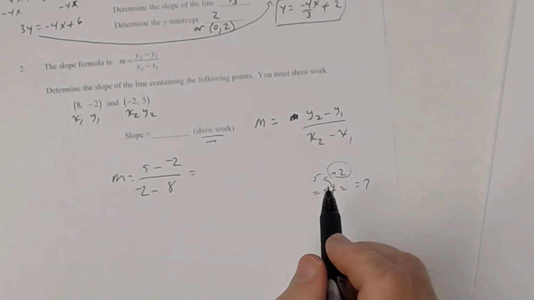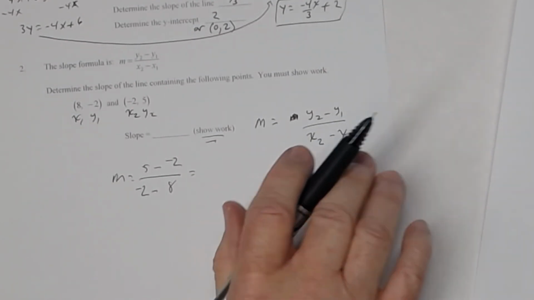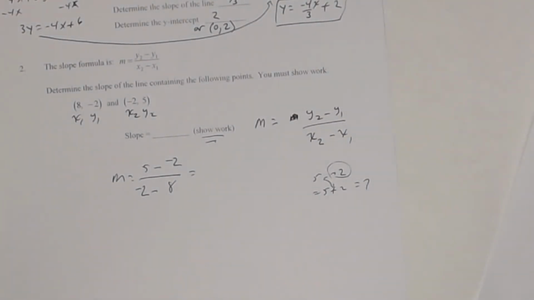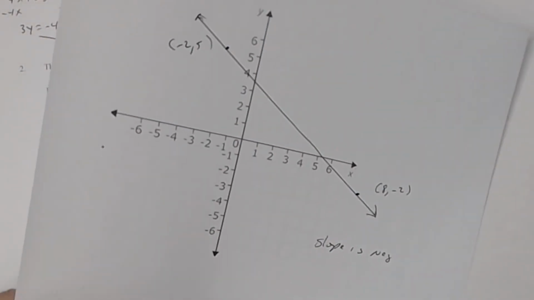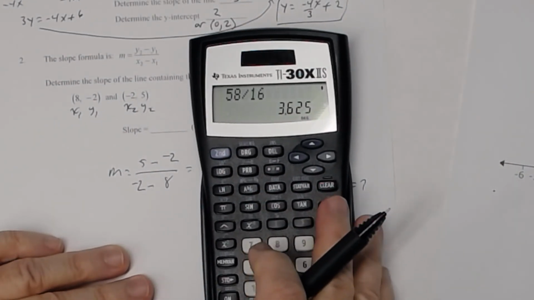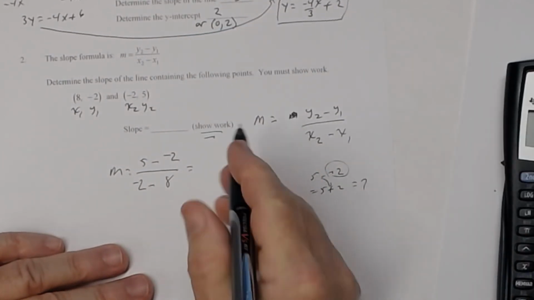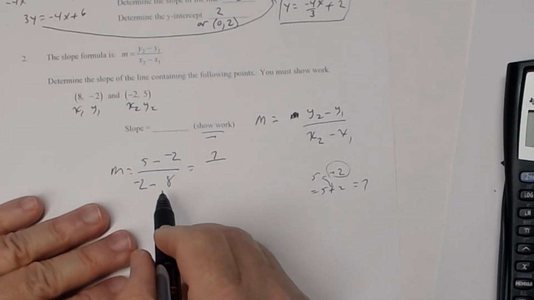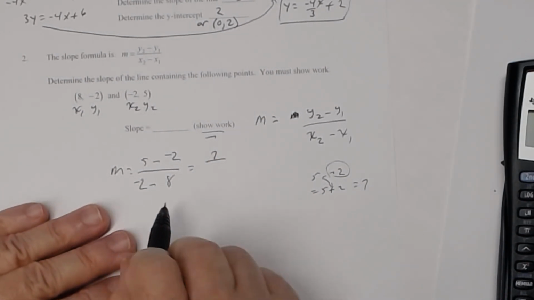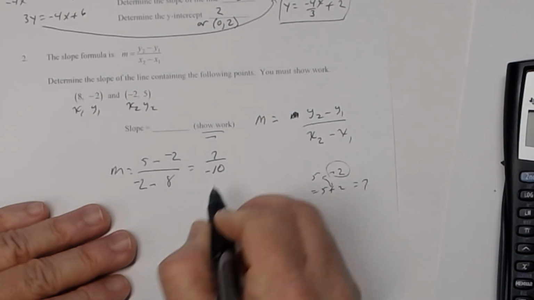And again, you have access to a calculator, so use your calculator. Notice 5 subtract a negative 2 is 7, right? So the numerator is 7. The denominator, negative 2 subtract 8, if you use your calculator, that's going to be negative 10.